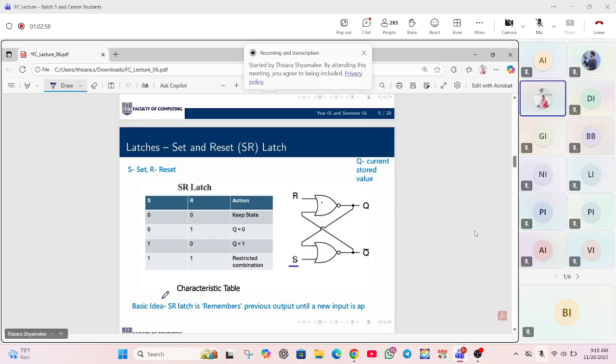This basic idea is the starting point of the characteristic table. So let's move to the characteristic table. In the first row, you can see S equals 0, R equals 0.